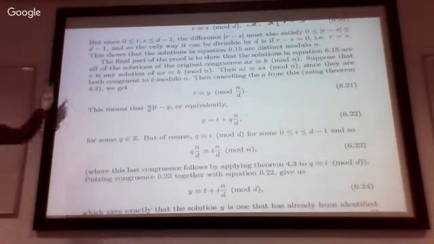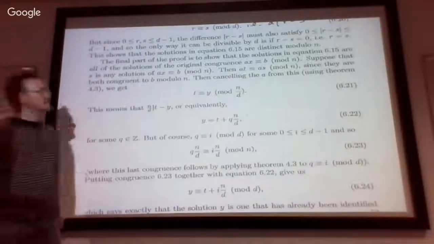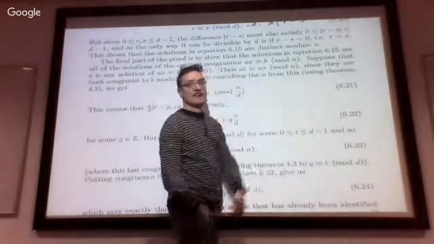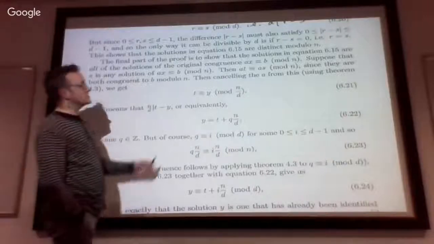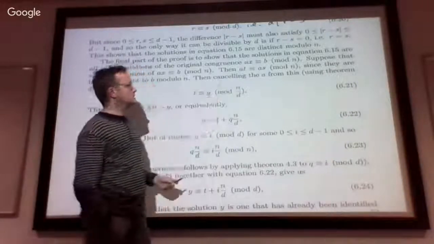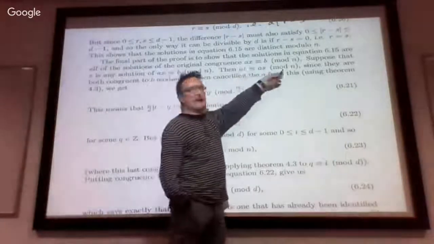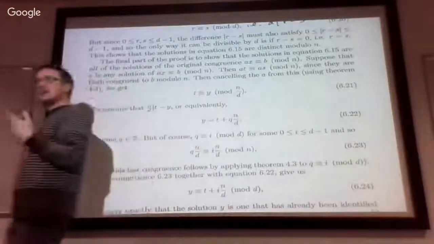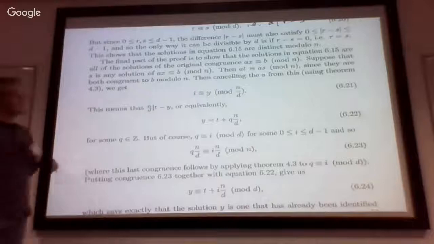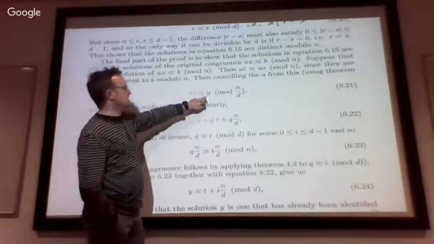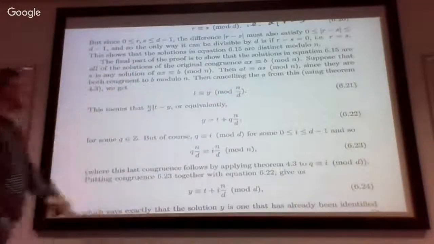And again, using theorem 4.3, we can cancel that common factor A from both sides, as long as we divide the modulus by the GCD of A and N. The GCD of A and N is already named here. This is the quantity D. So we now know that T is congruent to S modulo N over D.